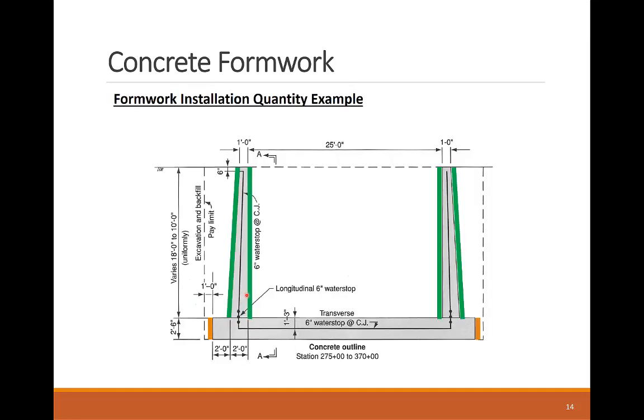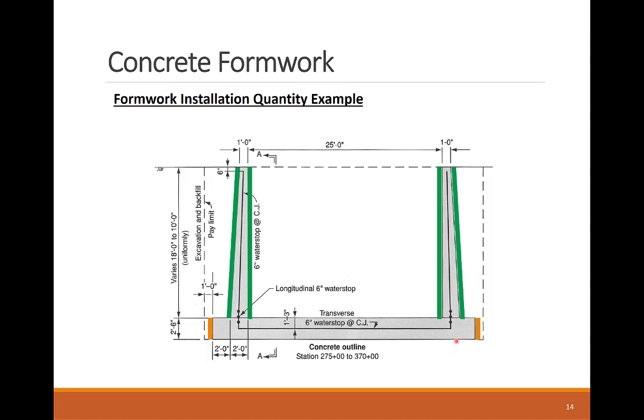Going back to the channel example, the wall formwork on both sides can be calculated as the length of the wall times the height of the wall segment. Remember, we need to form only the concrete vertical faces and bottom faces that need to be formed.